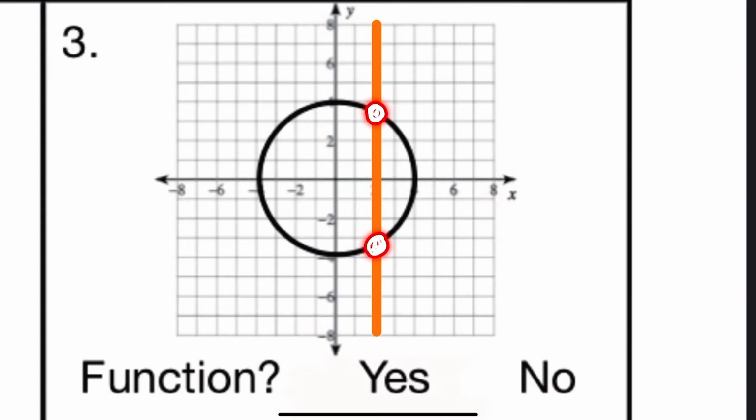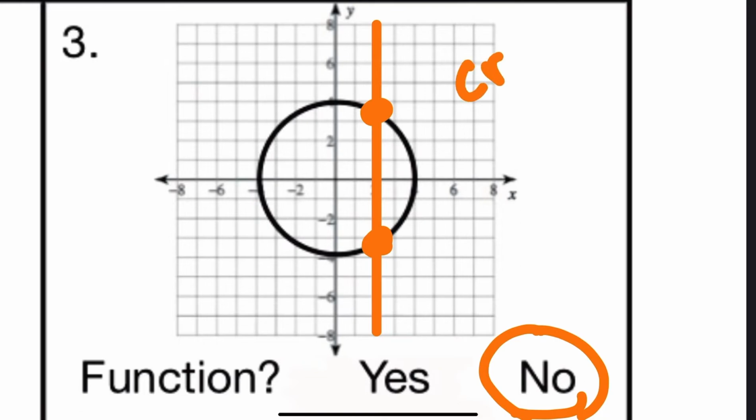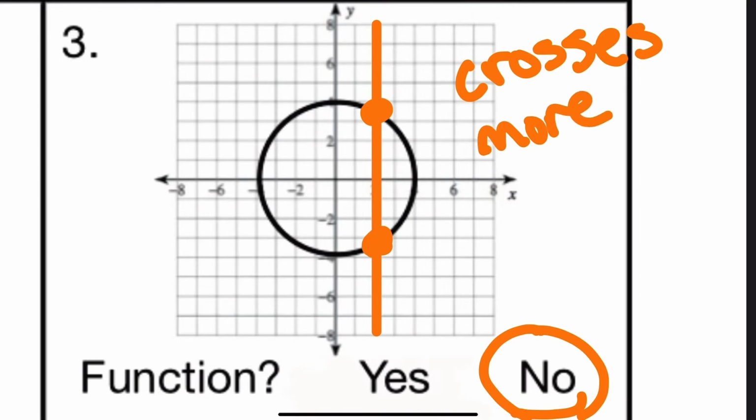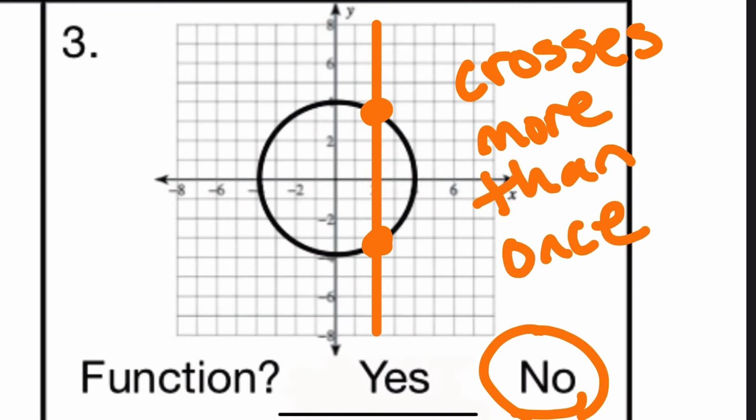Since this crosses 2 times, this is not a function, because it crosses here and here. I'm going to write that over here. Crosses more than once. So it is not a function because it crossed more than 1 time.